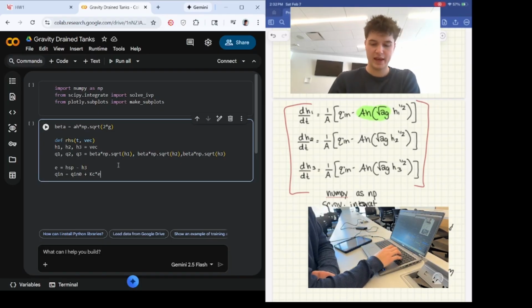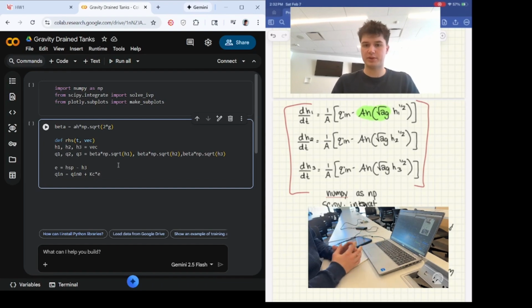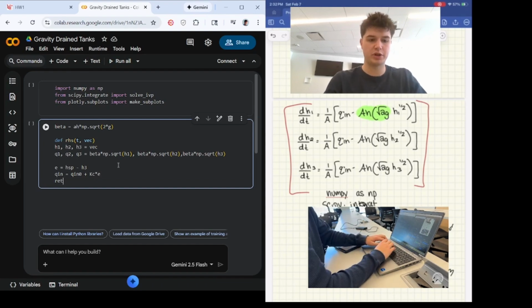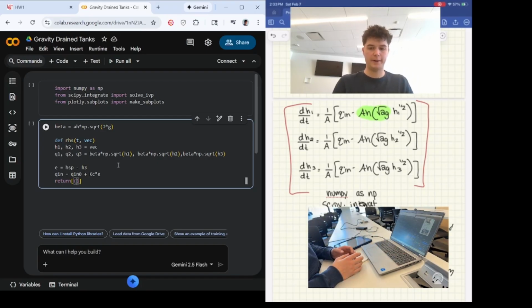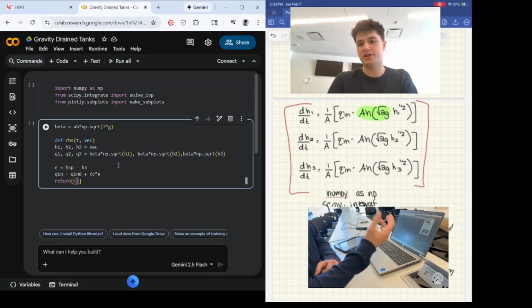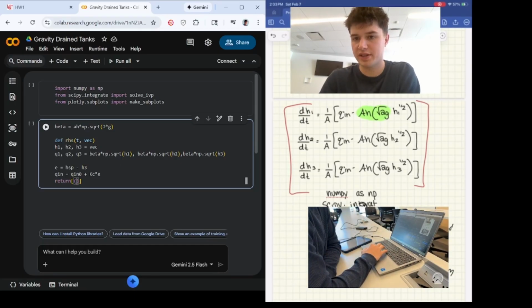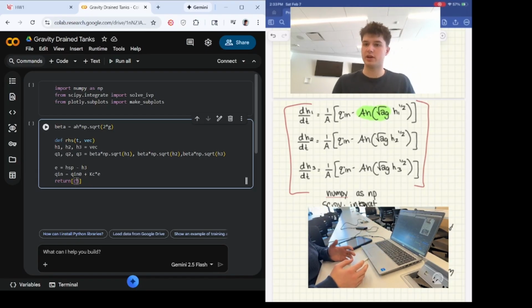And then obviously we want all of this to return us a value, so we're going to do return. And then we will do the first value. It kind of goes back to the derivation that you can see on the right side of the screen with the three equations. We're going to have three different equations inside this return value.